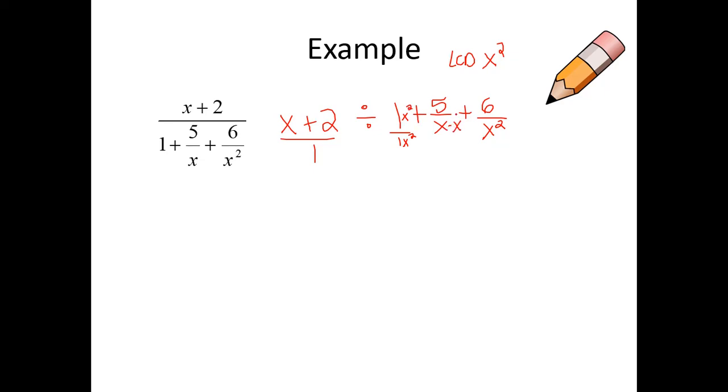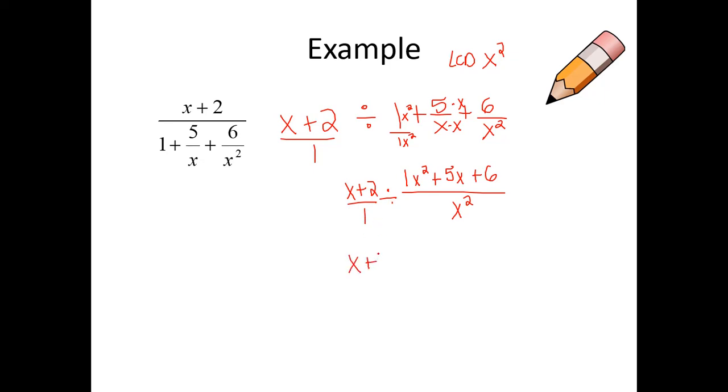This one just needs an x. This one doesn't need anything. So I'll get 1x squared plus 5x plus 6 all over x squared, right? Divided by, still have x plus 2 over 1 over here.